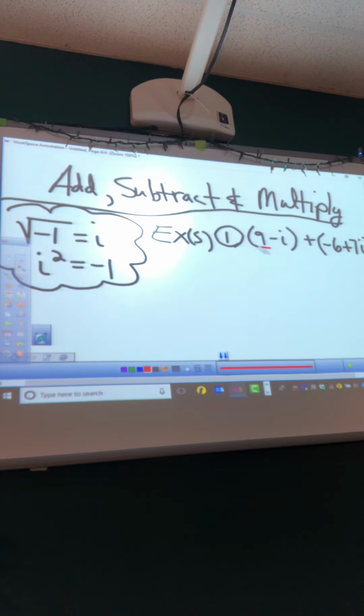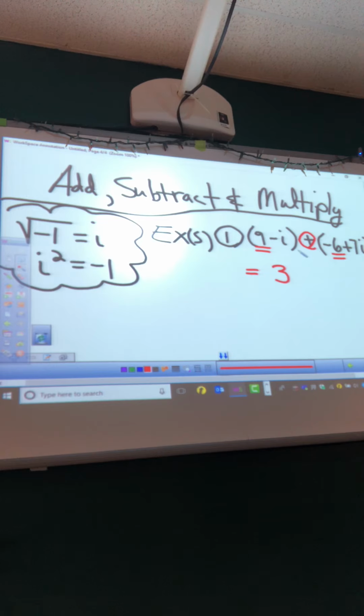So if I were to say, okay, here's a real part of 9, what does it get added with? -6. So when I look at 9 plus -6, it's really not adding. What are you going to do to get your answer? Yeah, so 9 minus 6 is 3. Real plus real.